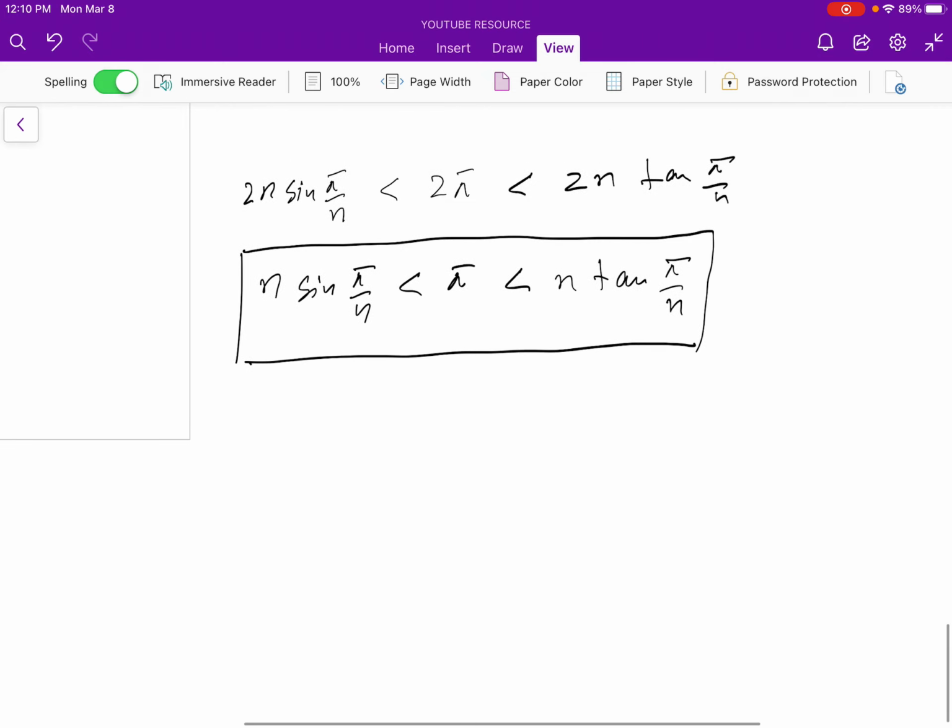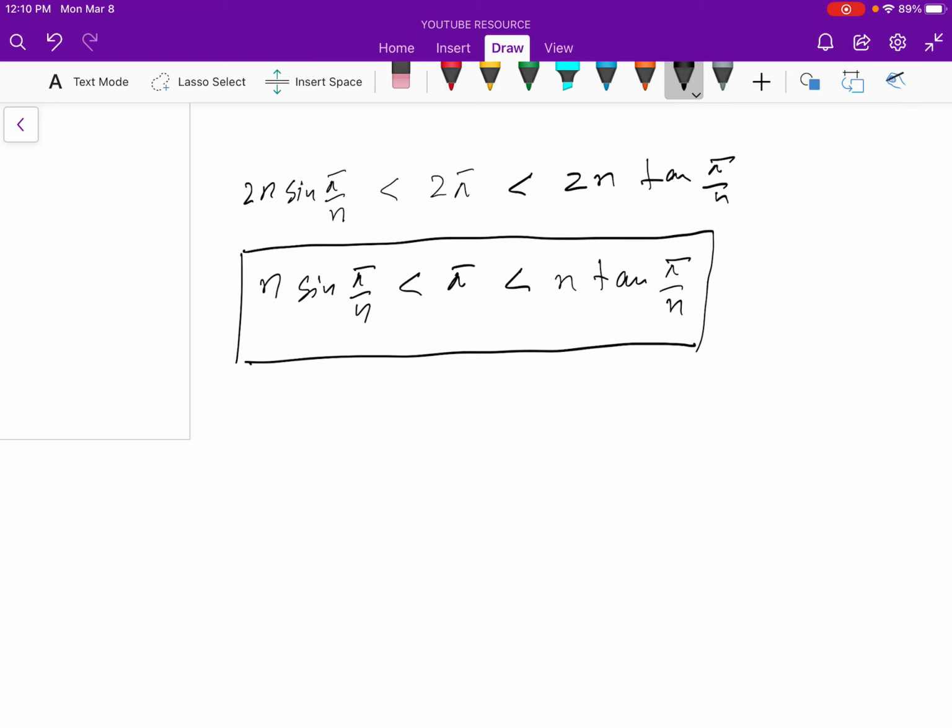If we look at the upper bound, it is this part of the inequality, n tan pi over n, and if we take the difference from pi, this value is approximating the pi value, so it's almost pi, but there is an error. So they said it should be within 0.005, so it should be less than 0.005.